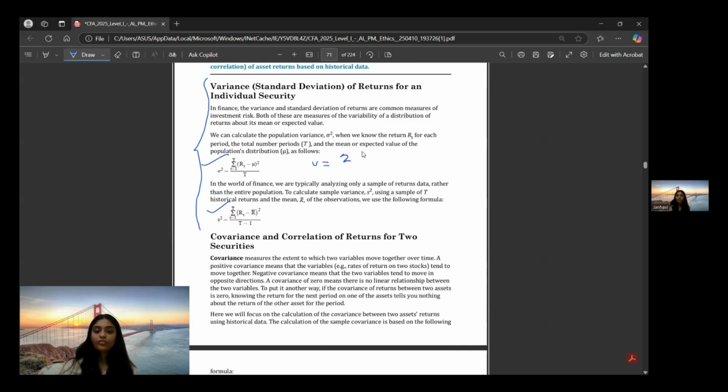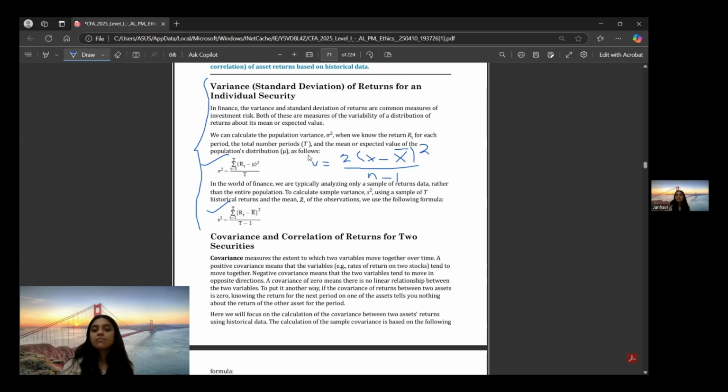summation of return of portfolio X minus average or mean of return of portfolio X, square of that, summation of square of (X minus X bar) divided by N minus 1.